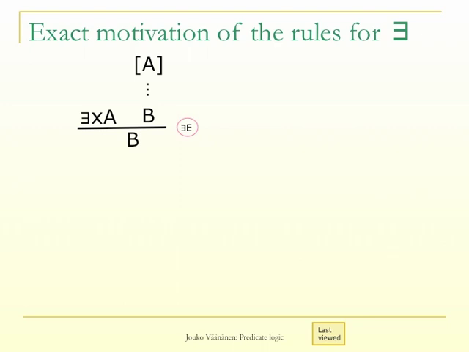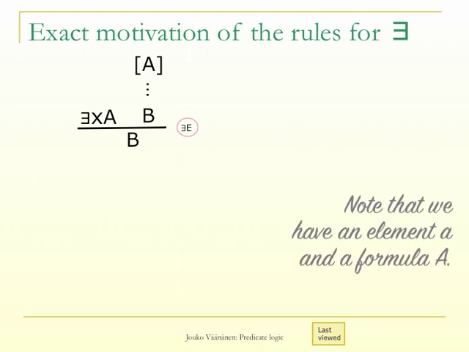On the other hand, we can derive B, which does not mention x at all, from the assumption A. So B is true whatever the value of x is as long as A is true. Well, A is true for the value a of x, therefore B is true.